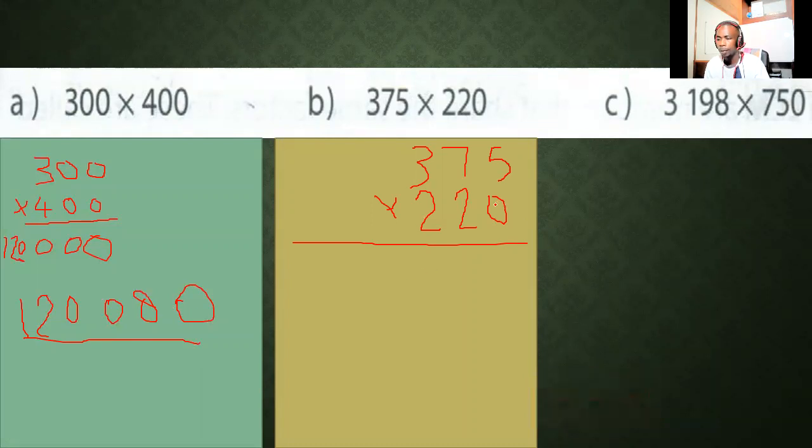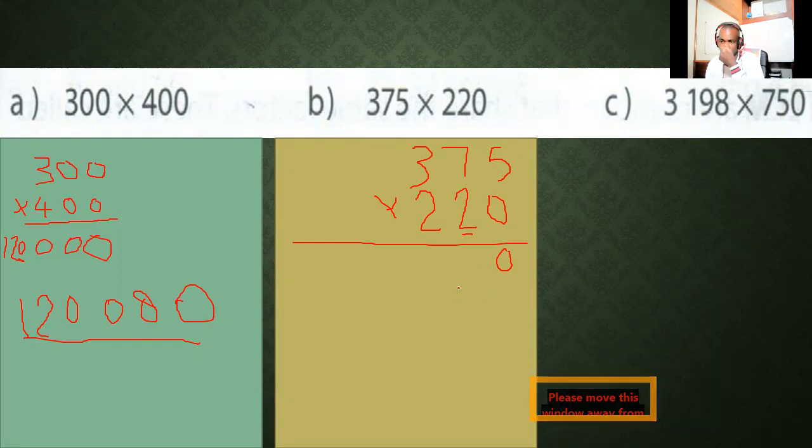We are starting with the units. If we multiply by 0, everything will be 0. Then the units, we are done. We go to the tens. We are multiplying by 2, which is 2 tens. So we put a placeholder. The 10 has got 1 zero, so we put a 0 as a placeholder.